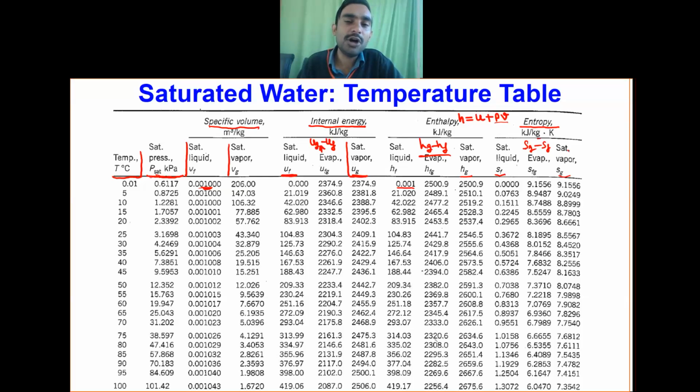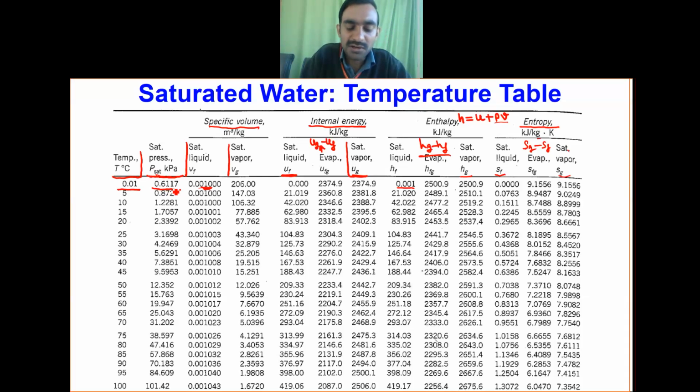Similarly, in the case of the steam table, the triple point of water is considered as the reference, and corresponding to the triple point of water, the value of internal energy is taken as 0. So you can see over here the first point starts with a value of 0.01 degrees Celsius and pressure of 0.6117 kilopascals.